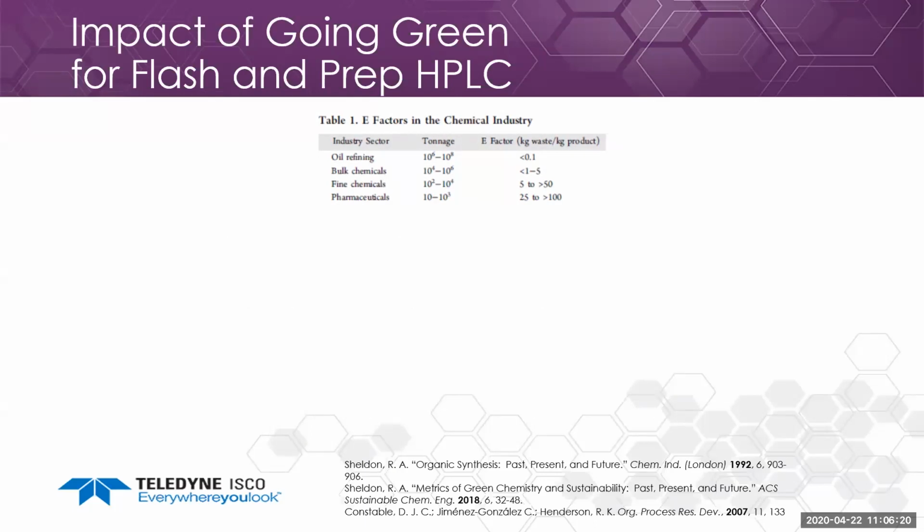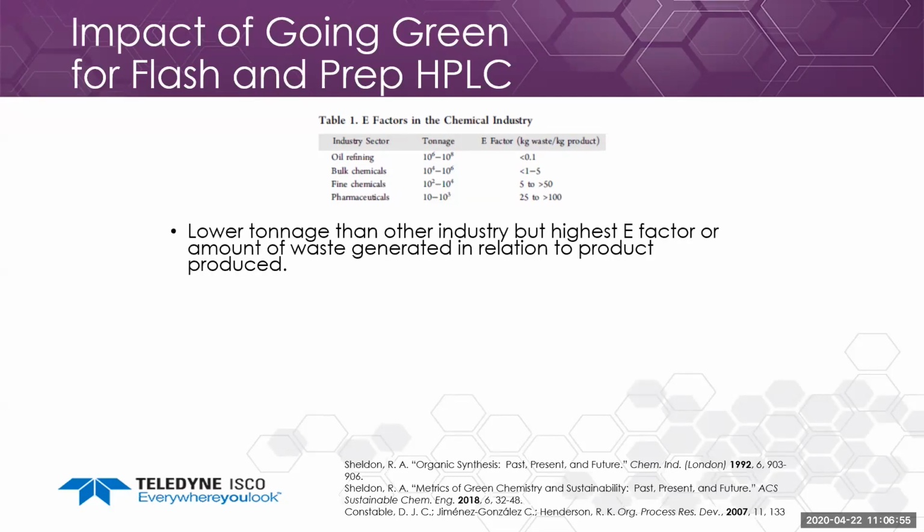The E factor is much greater in the pharmaceutical industry because there are many more steps involved in the transformation of these chemicals. They're more refined. It also has the least amount of tonnage, but it does have the greatest E factor. So if we can address purifications in fine chemicals and pharmaceuticals, where chromatography is more common, we can reduce the E factor and address some of this tonnage that's being used.